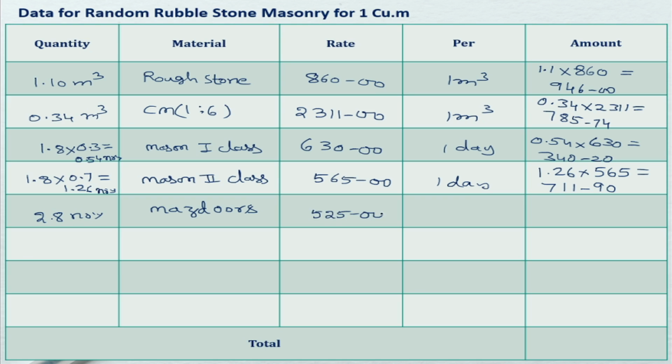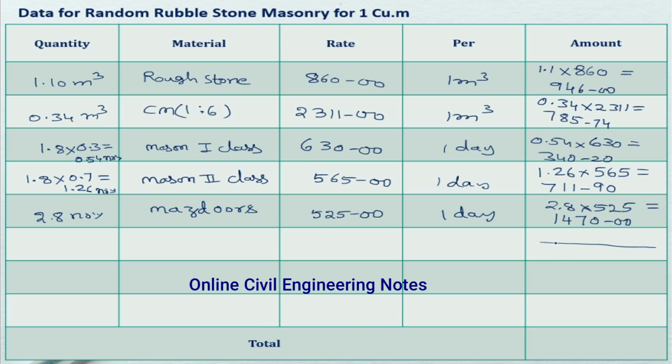Mazdoor's wages are 525 rupees per day. 2.8 into 525 is equal to 1470 rupees. So we get the total value of amount as 4253 rupees 84 paisa.